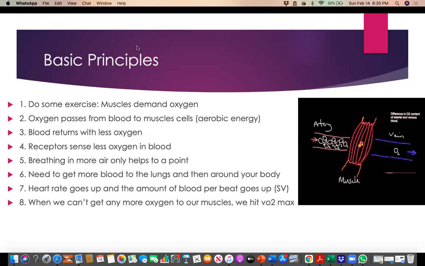If you get that happening alongside more beats per minute, then we can deliver a hell of a lot more oxygen to our working muscles. And when we hit the maximum oxygen delivery, that's said to be VO2 max. So when we do any form of exercise where we hit that point, that's said to be VO2 max, or the volume of oxygen that's delivered maximally.